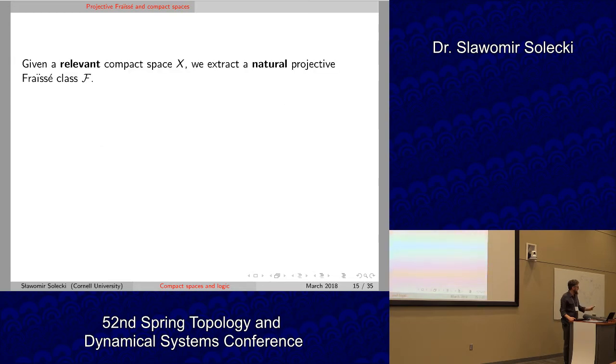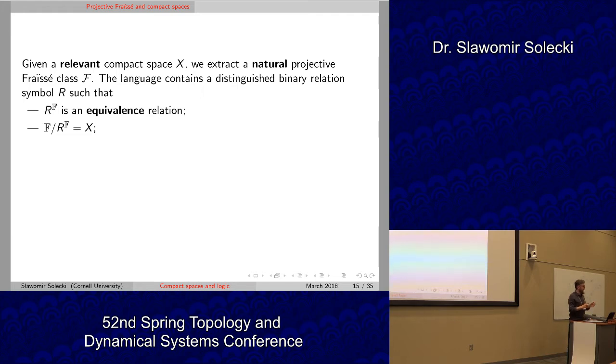Let me just say, what happens in examples is, I have, let's call it a relevant compact space X, and if the space is relevant enough, so nice enough, canonical enough, meaning highly homogeneous, maybe universal in some way, then there will be a natural projective Fraïssé class. Natural in the sense that it will be given by nice combinatorial properties that we can work with.